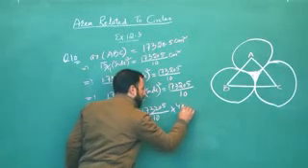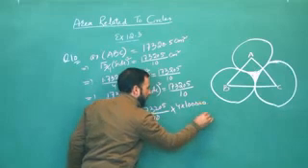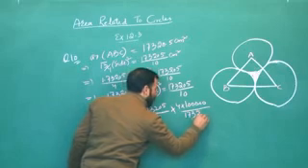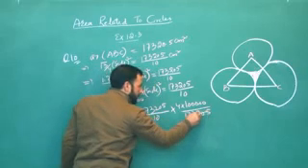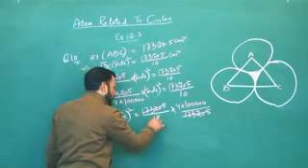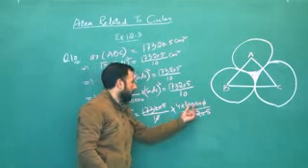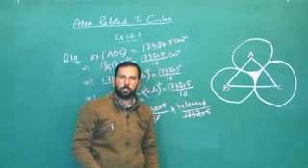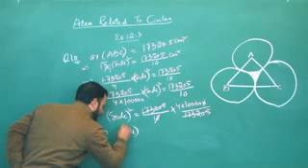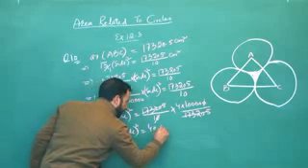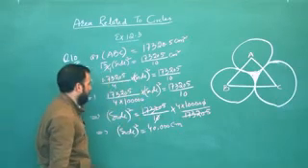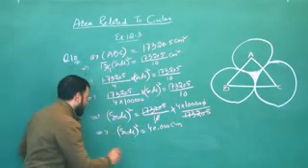It is 4 into 1, 2, 3, 4, 5 divided by 17320.5. Clearly, this 17320.5 cancels with this 17320.5, and this 0 and this 0 cancel. It is 10,000 into 4. 4 into 10,000 is equal to 40,000. That implies side square is equal to 40,000 centimeter. Now, what is the side?